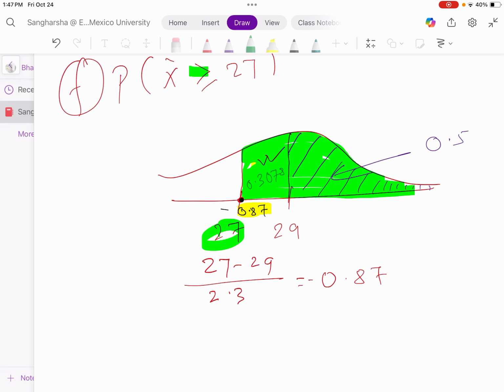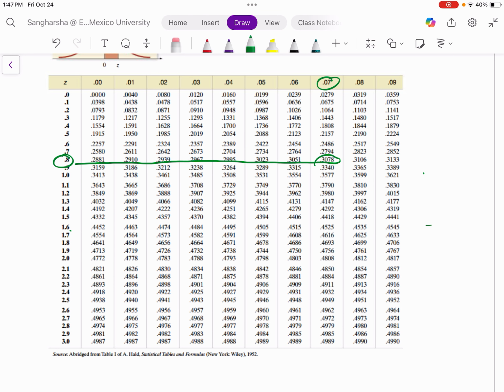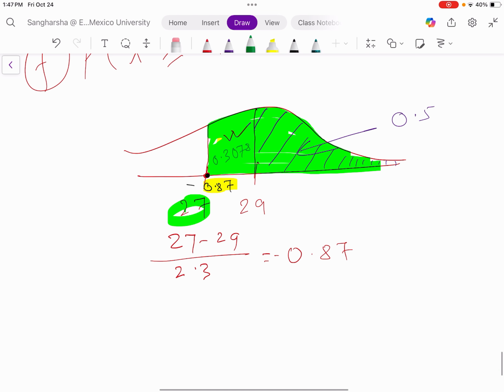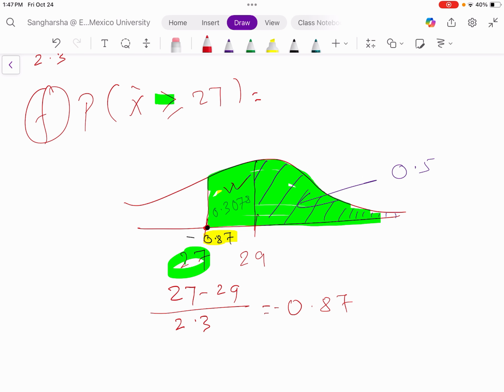Let me double check. 3078, yes. So the total area would be 0.3078 plus 0.5, which is 0.8078. Okay, this is number F.